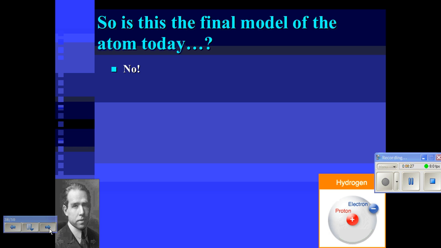So the next portion that came up was by a man named Bohr. He was working with Einstein with light, and he figured if they worked with hydrogen, since hydrogen has one proton and one electron, then hydrogen should give off one color of light.